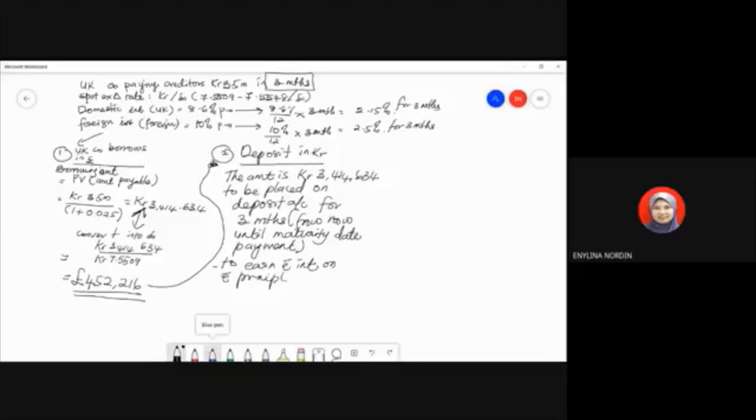So what is the principal amount? The principal amount is 3,414,634 kroners just now. So you will keep this and wait until 3 months.